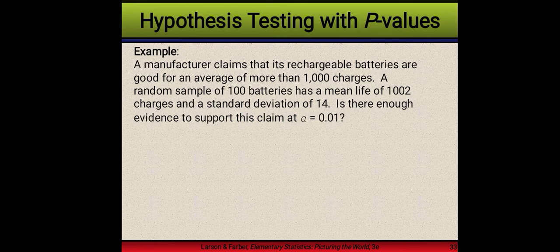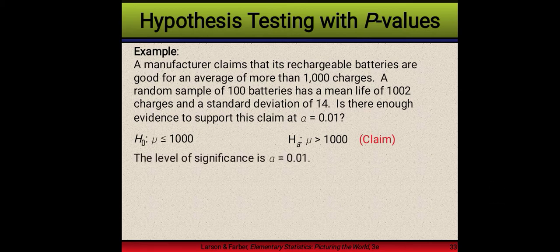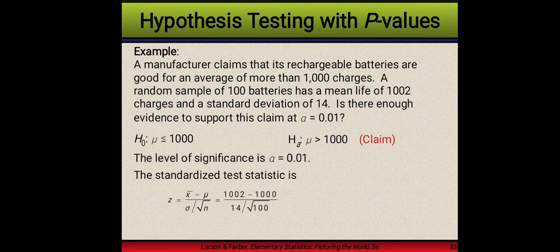Is there enough evidence to support this claim at a level of significance alpha equals 0.01? Okay, let's see. The null hypothesis is not greater than 1,000, and the alternative hypothesis is greater than 1,000, which is the claim. The level of significance is alpha equals 0.01, as stated in the problem. The standardized test statistic is, this is now the representation.